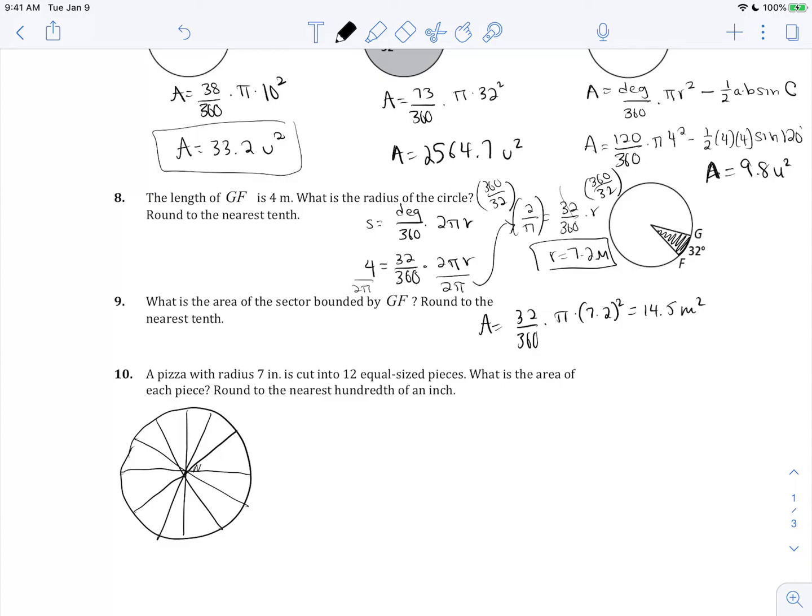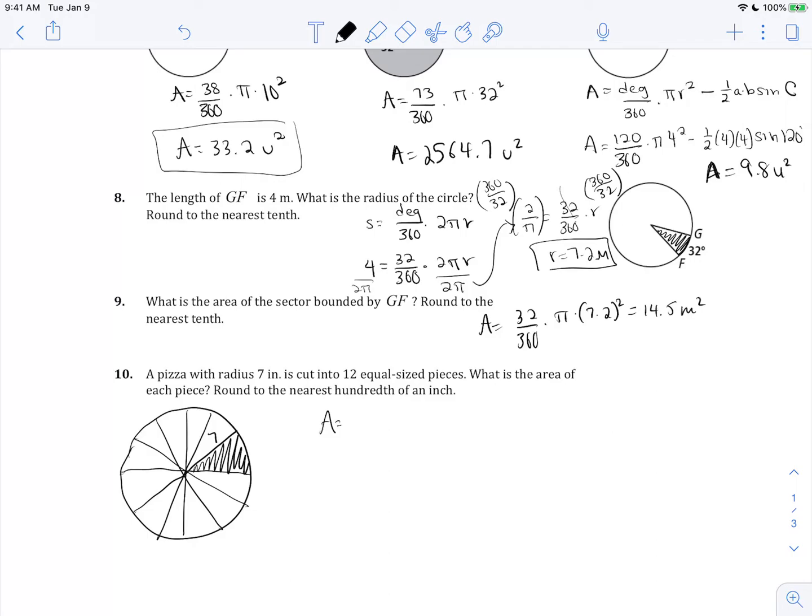So we want to find the area of a single piece, and we're going to assume they're all the same, right? So the radius is 7, and to do this, I'm going to say area equals, now this piece is 1/12 of the whole thing.